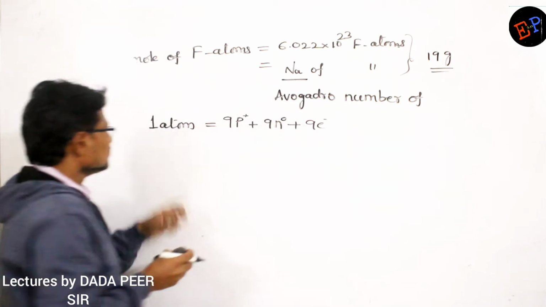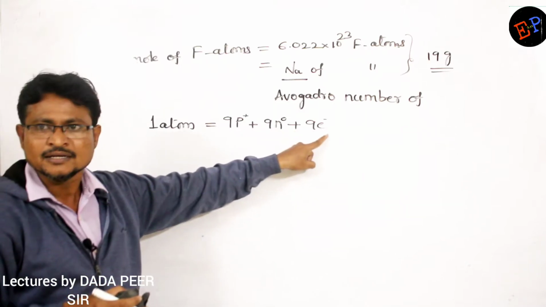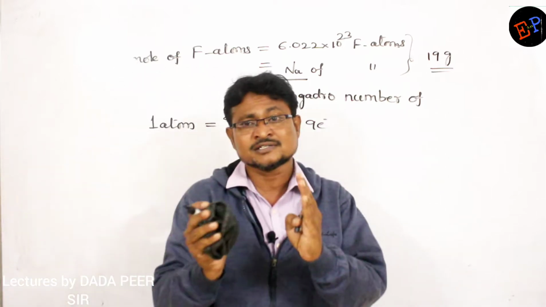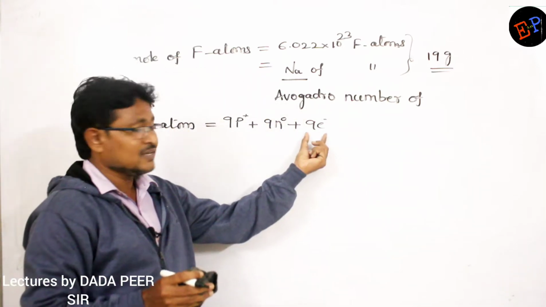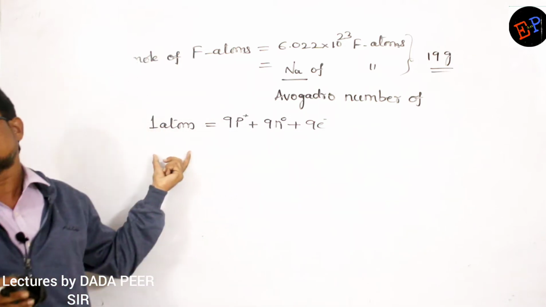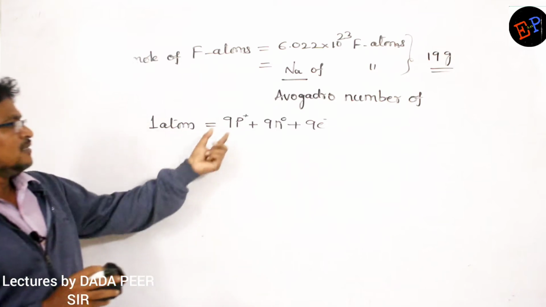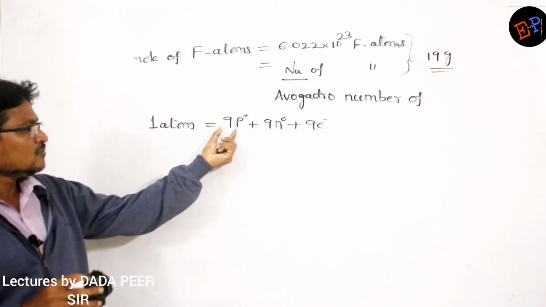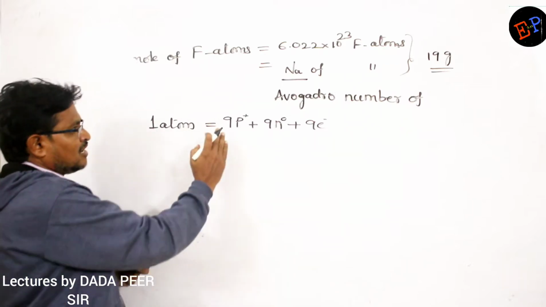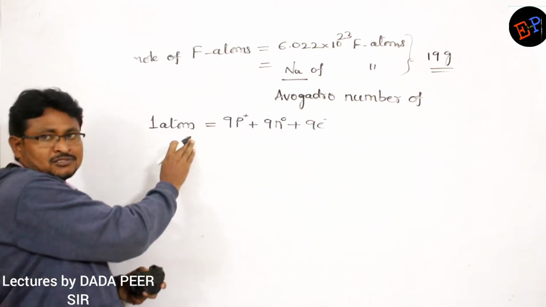So 1 atom of fluorine means 9 protons, 9 neutrons, 9 electrons. But as I have told, we do not consider the mass of electrons in the calculation of the mass of an atom. We consider only the mass of protons as well as the mass of neutrons. The sum of the masses of the protons and neutrons is equal to atomic mass.